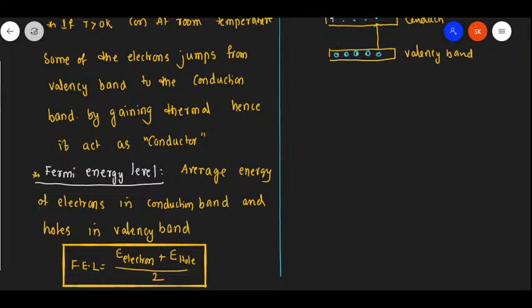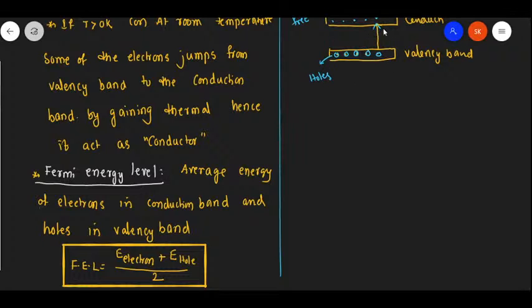Why? They escaped from the valency level, the outermost orbit of the atom, so they are free from the nucleus attraction. That's why they are called free electrons. The vacancies created in the valency band for the electrons are called holes. In an intrinsic semiconductor, as many free electrons are formed, that many holes are formed.